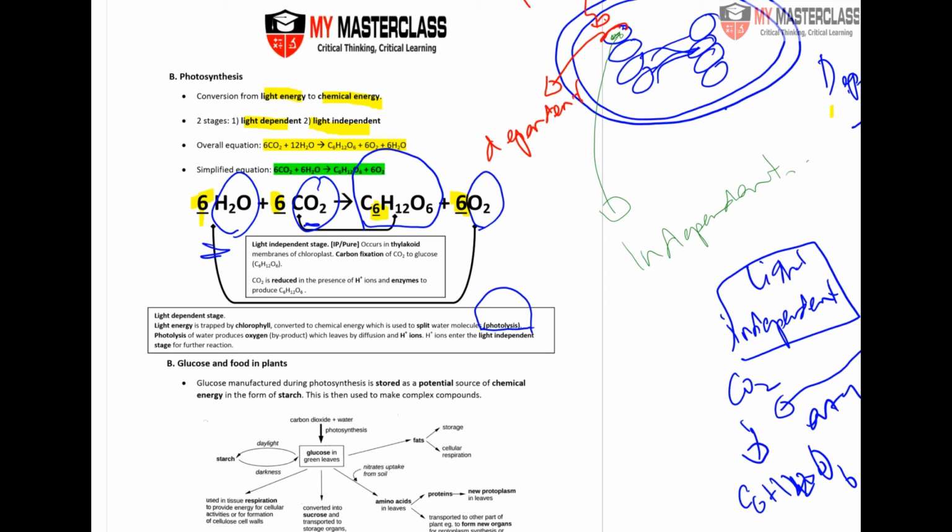H plus ions have to enter the inner part, where CO2 is fixated to form glucose, and this requires H plus ions and enzymes. Without the H plus ions from the light dependent reaction, my light independent reaction cannot take place, and therefore I will not have the production of my glucose.